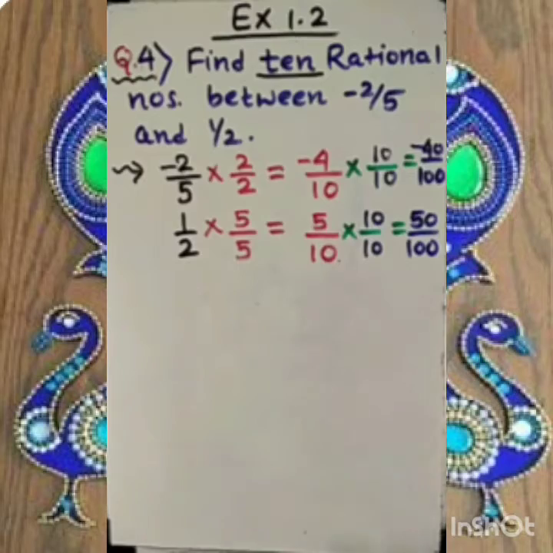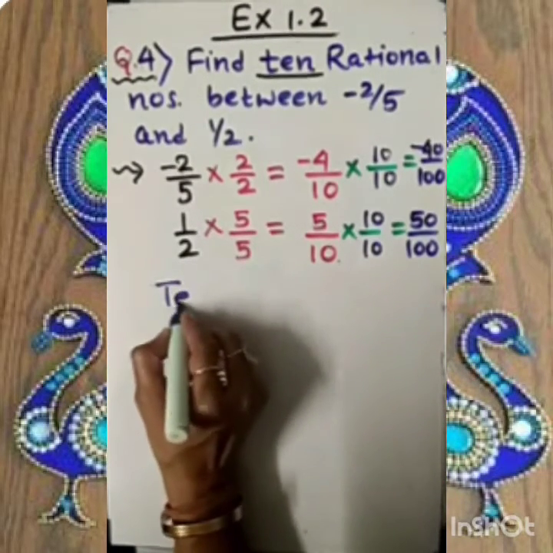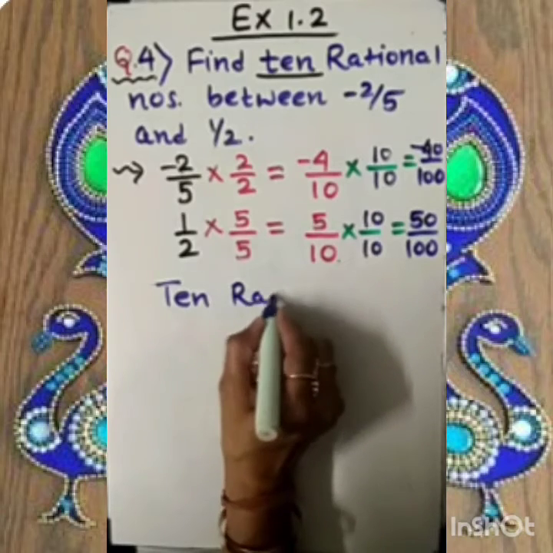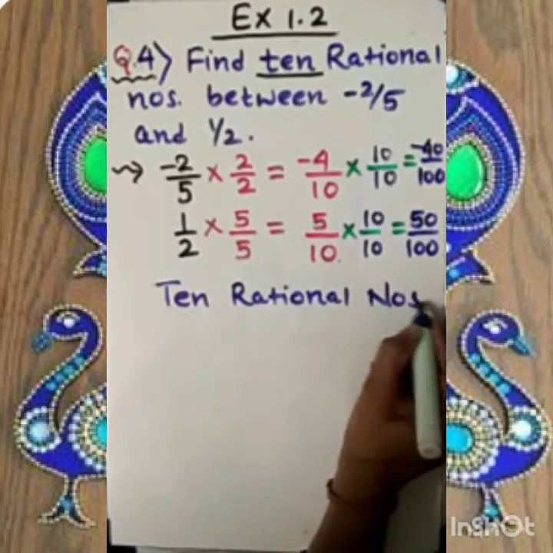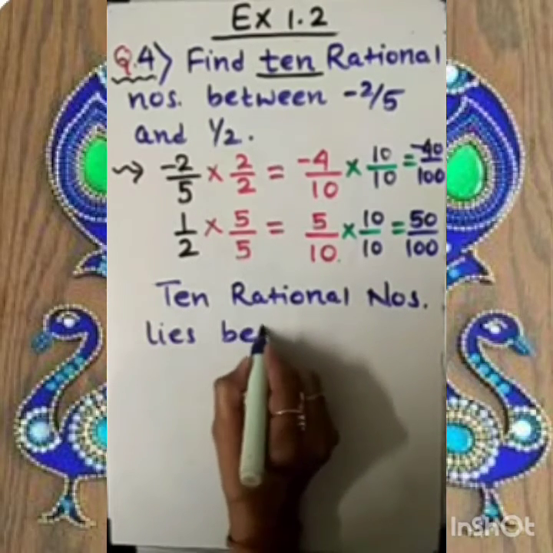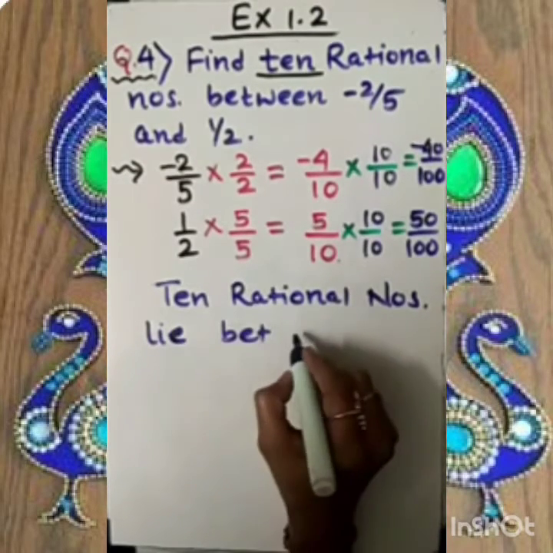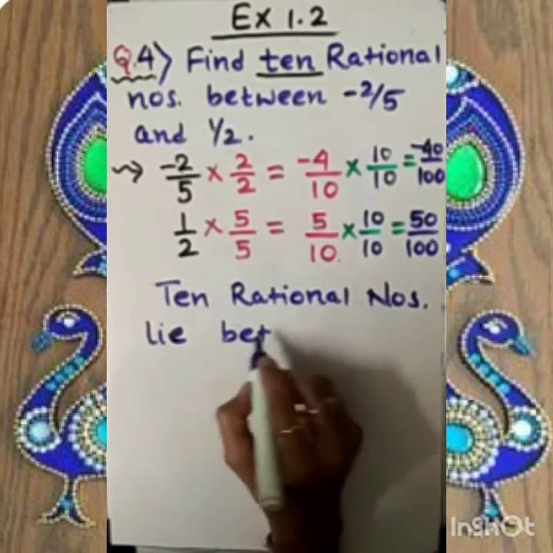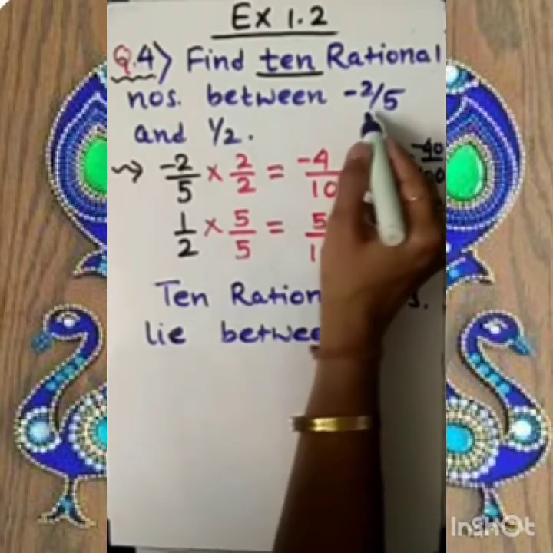Okay. So now we need to list out, according to the question, 10 rational numbers that lie between which two numbers?